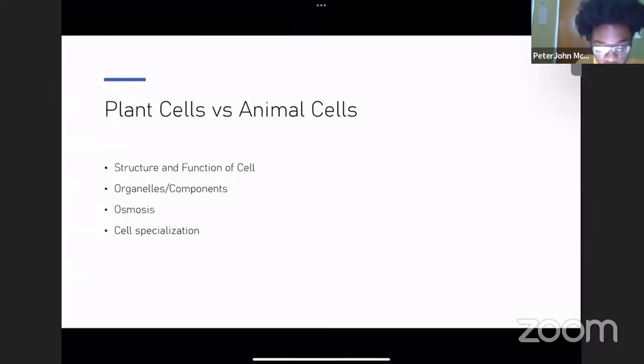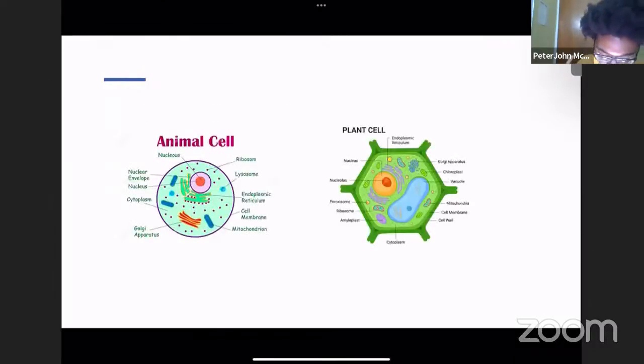Plant cells versus animal cells. These are some of the things that we're going to cover. Looking here, this is a pretty detailed diagram, but for the animal cell you see the ribosome, the lysosome. Just call a lysosome a vacuole, okay?